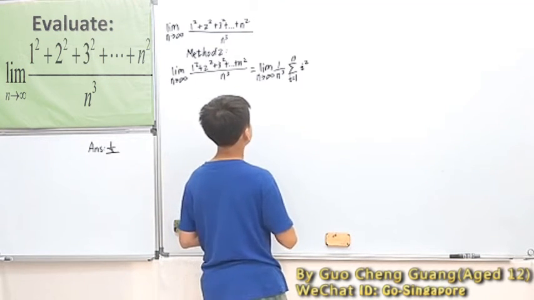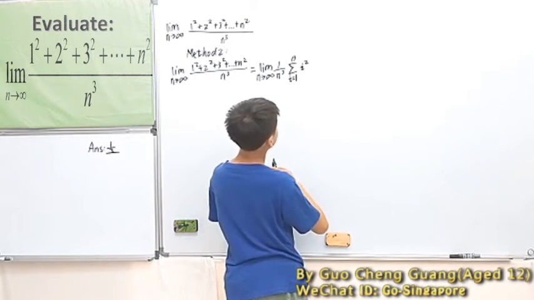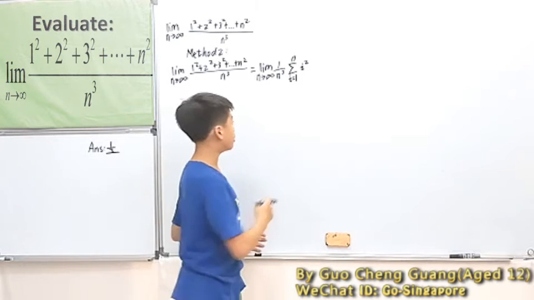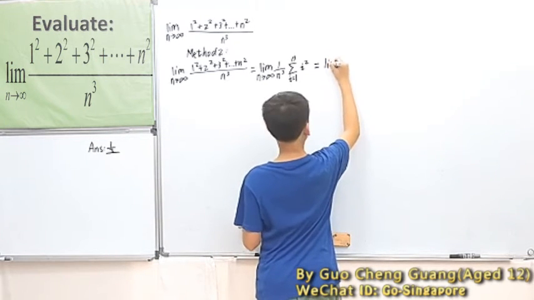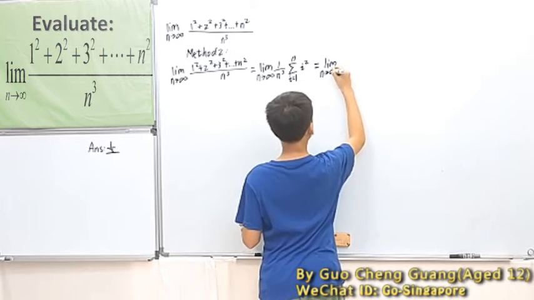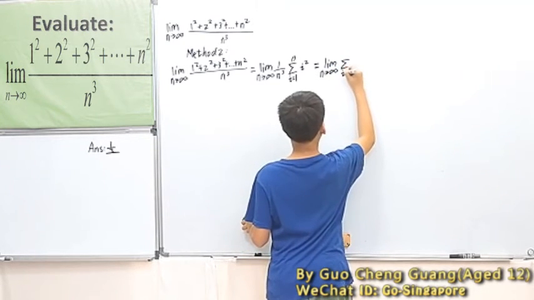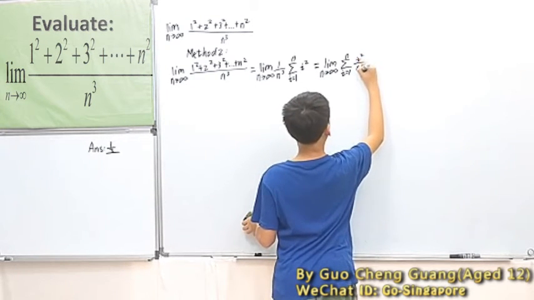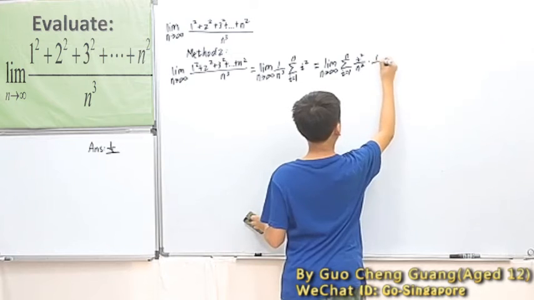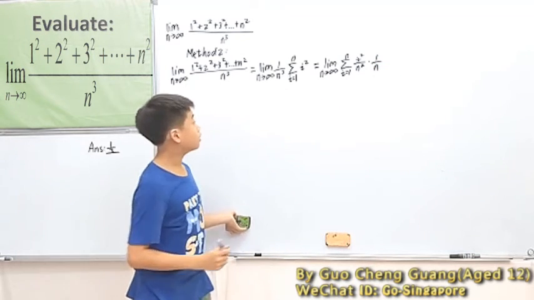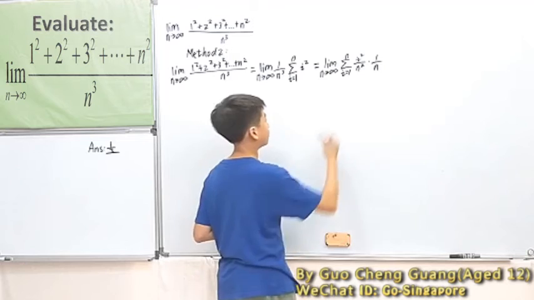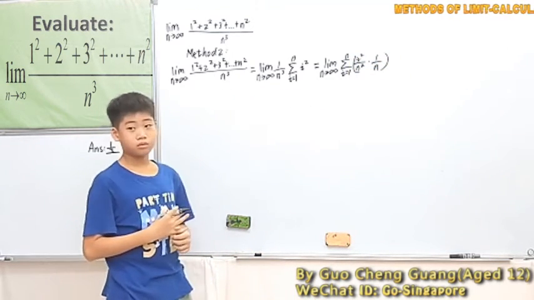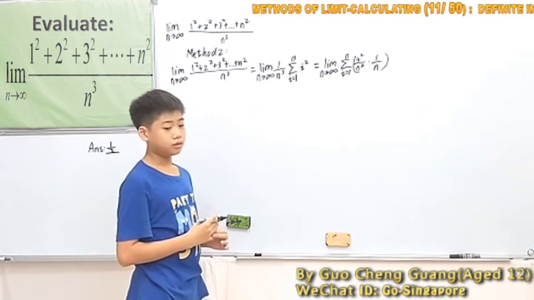So from this, but it might look better if we actually put this 1 over n cubed in. So let me just write that in. Now this over n squared times 1 over n. So like this.